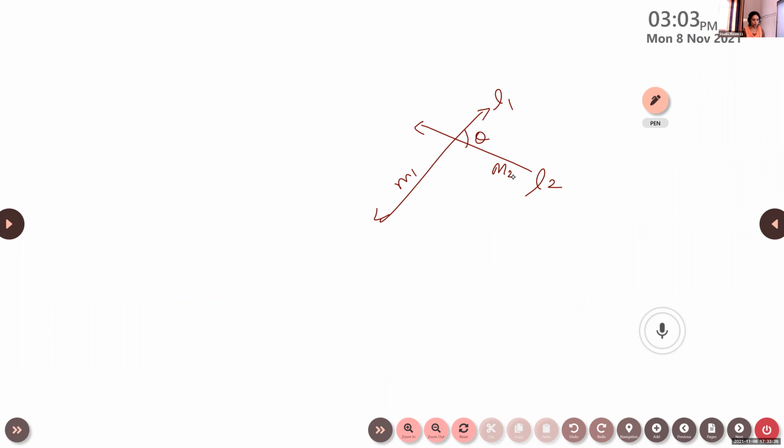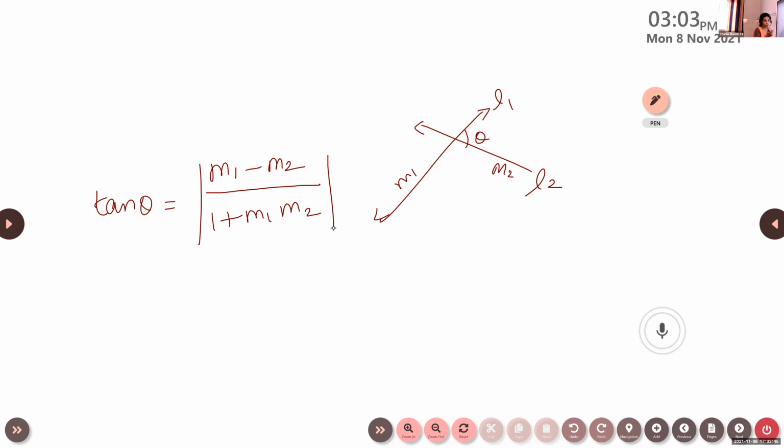Then the angle between the lines is given by tan theta is equal to modulus of M1 minus M2 by 1 plus M1 M2. What is the use of modulus? Sometimes if we get a negative value, we take only the positive value.